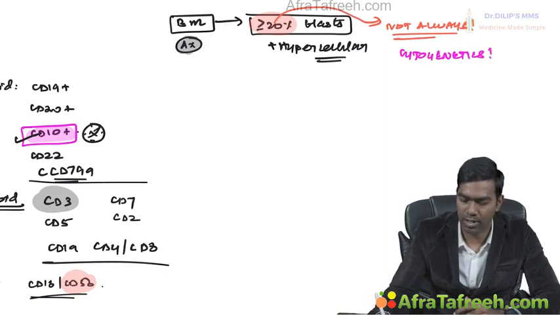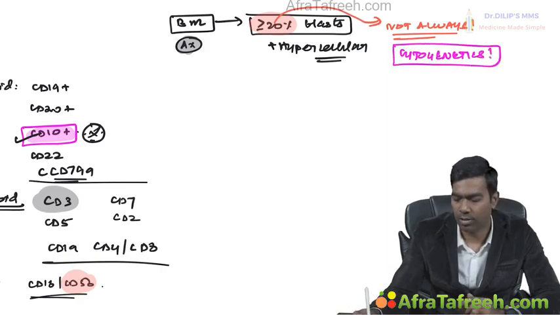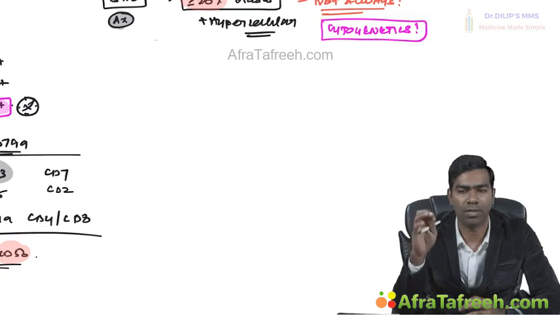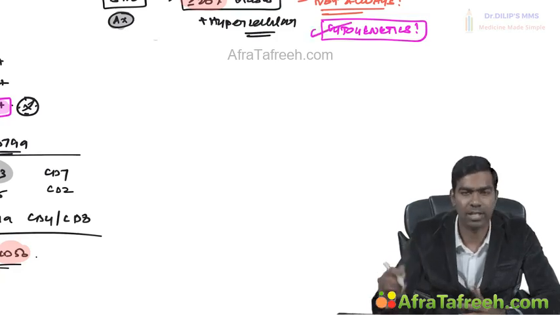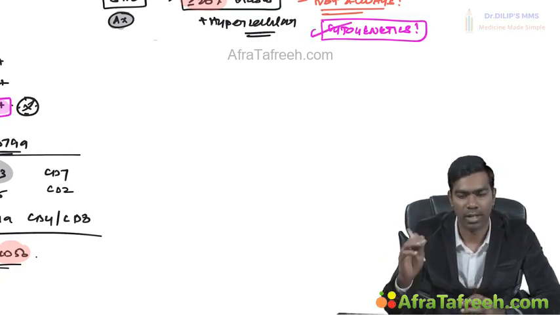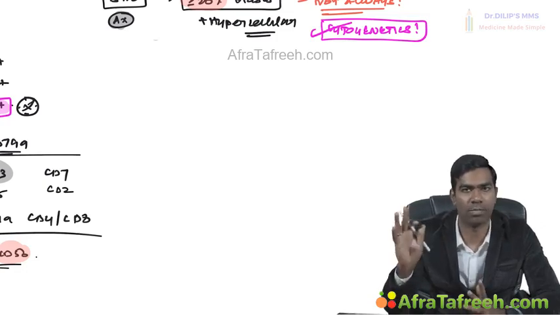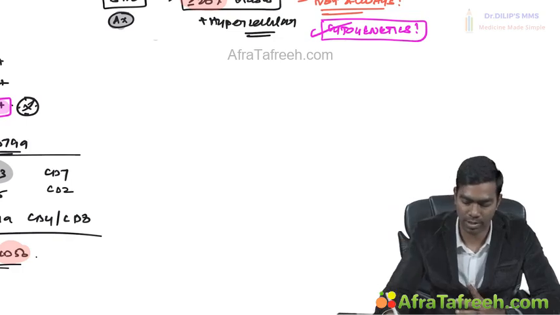That is why cytogenetics comes into play, because certain cytogenetic changes are so characteristic of AML. If one is present, you can tell it's an AML regardless of the blast count. Even if you see only 5% blasts, if you see the cytogenetic changes which I'm going to tell you now, it is AML regardless of how many blasts you see. What are the things?